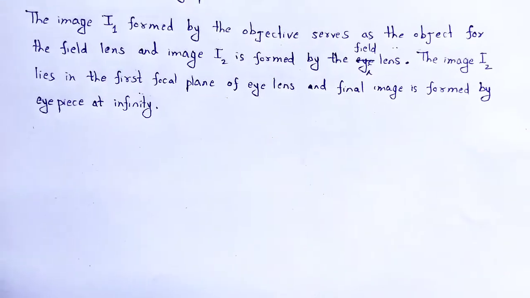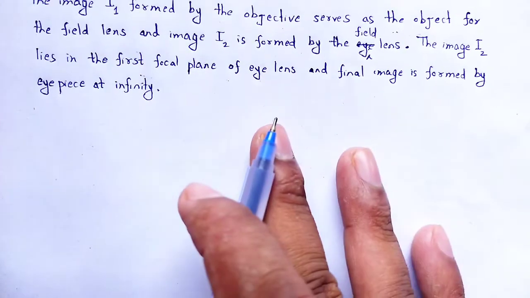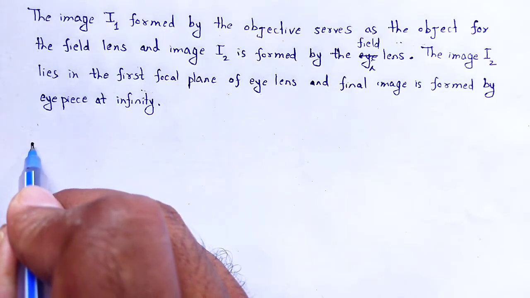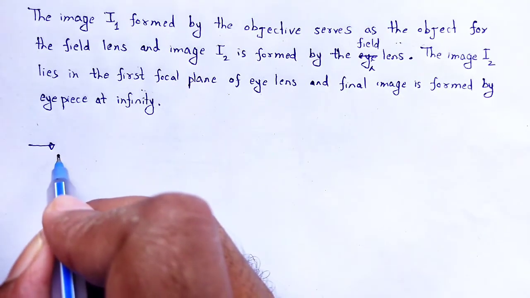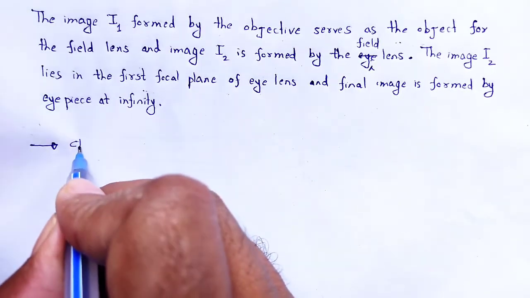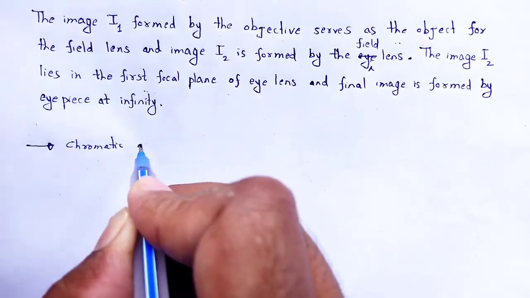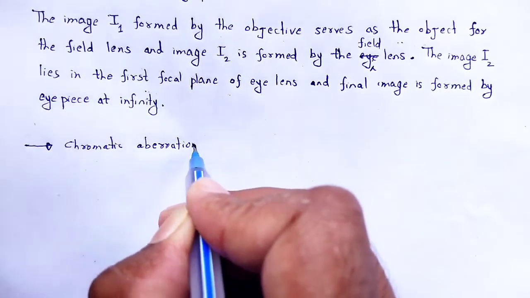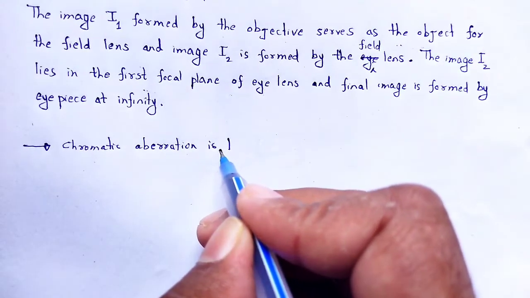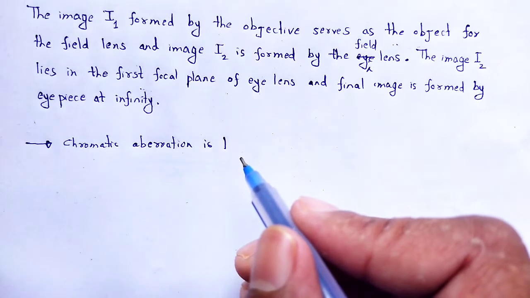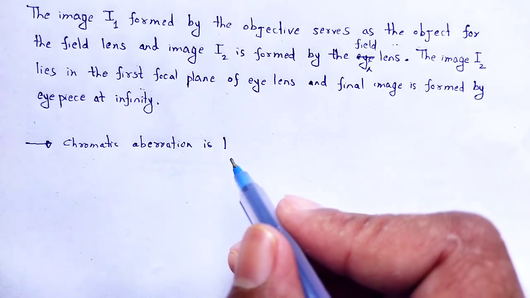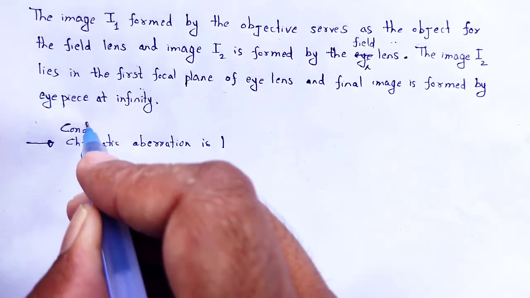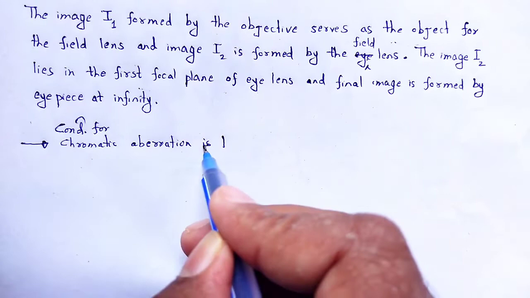Next, what should be the condition for achromatism, that is, the condition for chromatic aberration.